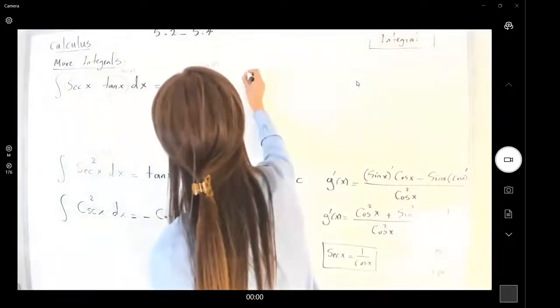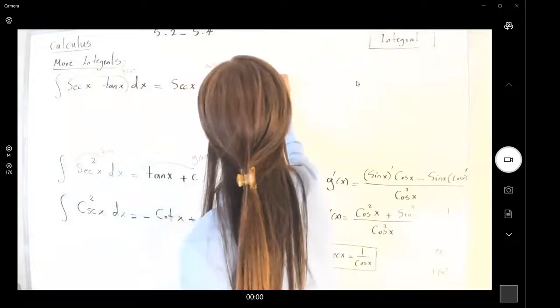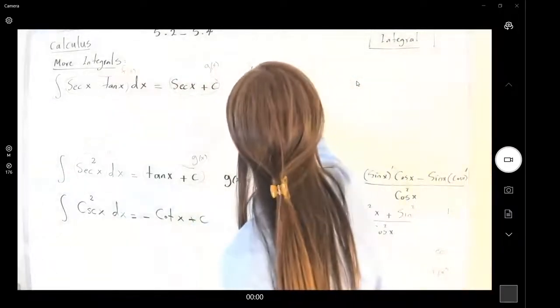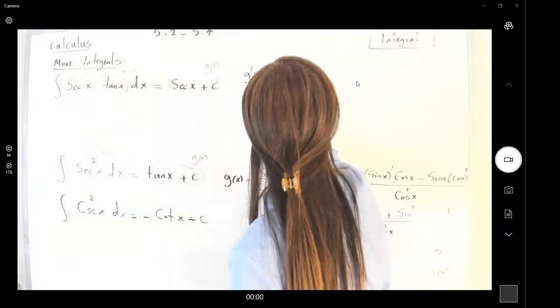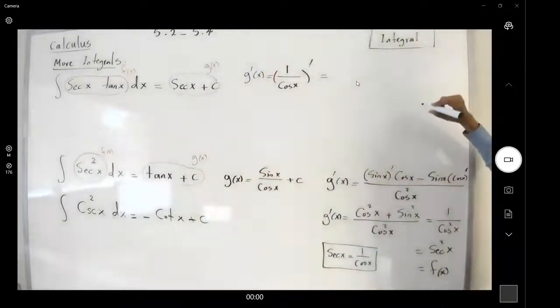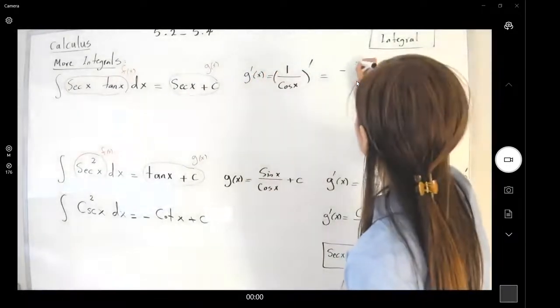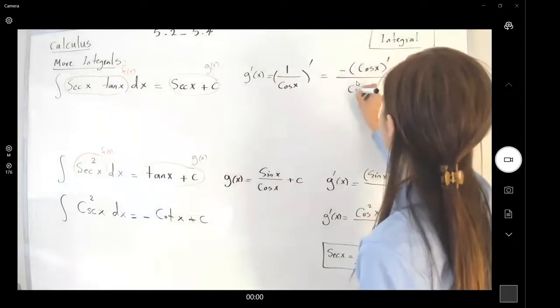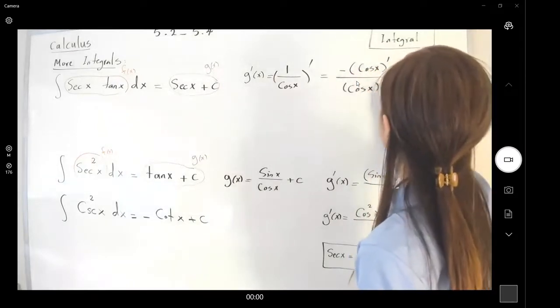So g prime of x: secant is 1 over cosine x, so here you have negative the derivative of cosine x divided by cosine x squared.